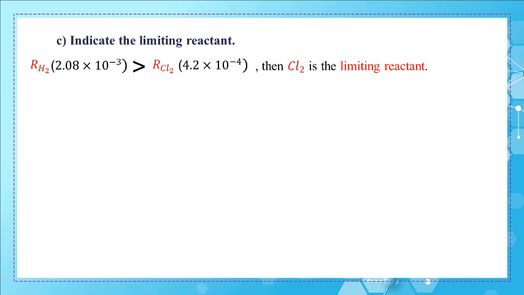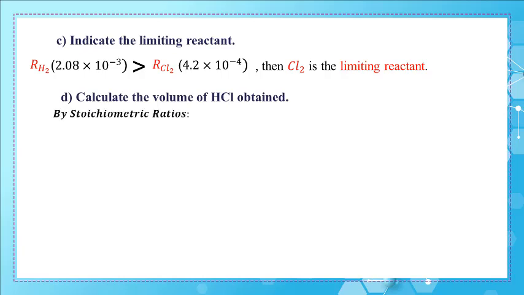Indicate the limiting reactant. Ratio of H2 is greater than the ratio of Cl2. Thus, Cl2 is the limiting reactant. Calculate the volume of HCl obtained. By stoichiometric ratios, number of moles of Cl2 initial over 1 equals number of moles of HCl produced over 2.